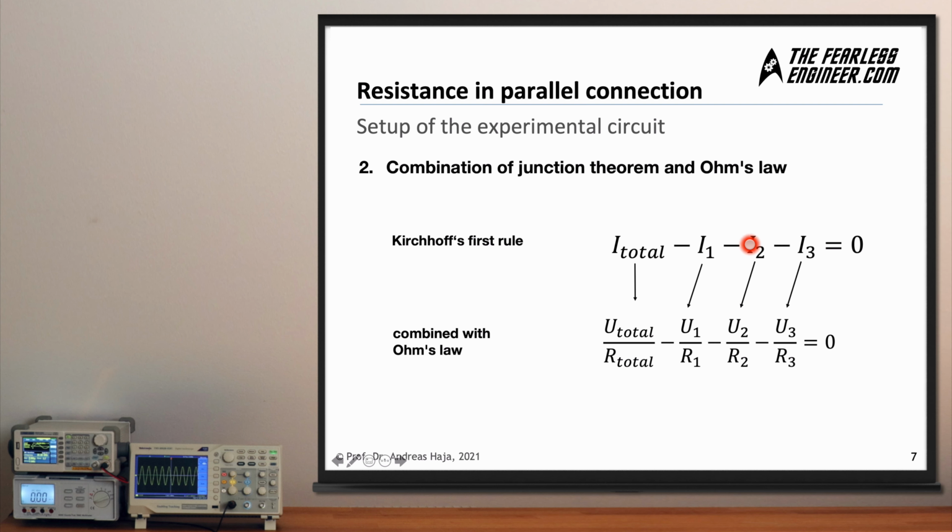We can do the same for I1, I2, and I3, which yields these fractions here. First, the voltage across the first resistor divided by the value of the first resistor, the same for the second, the same for the third, equals 0. So this is still Kirchhoff's first rule applied to the topmost node, and we have used Ohm's law to enter these parameters instead of the individual currents.